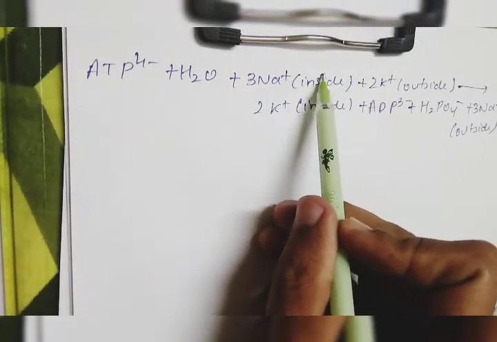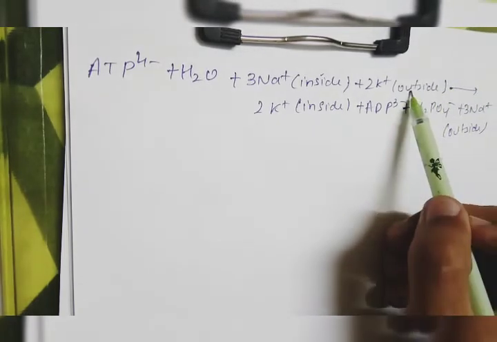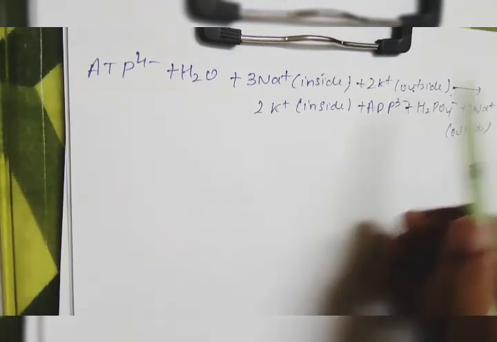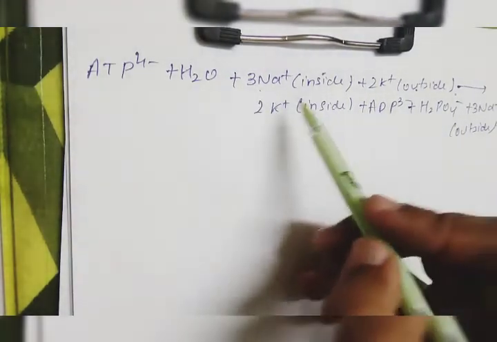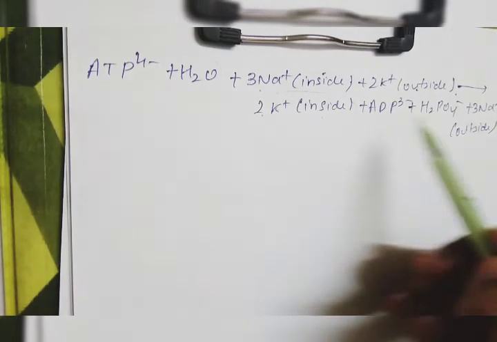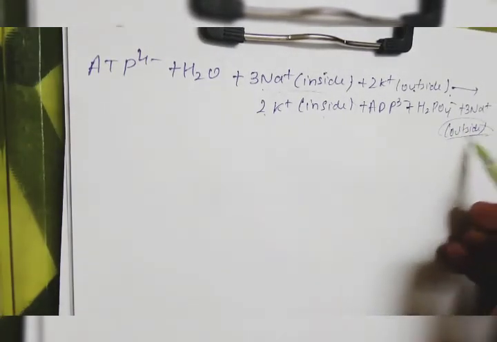Before, the sodium was going inside and potassium outside. On hydrolysis the movement changes, potassium ions go inside and sodium goes outside.